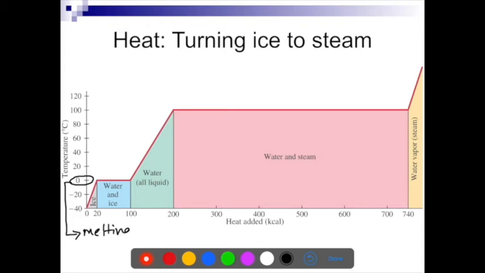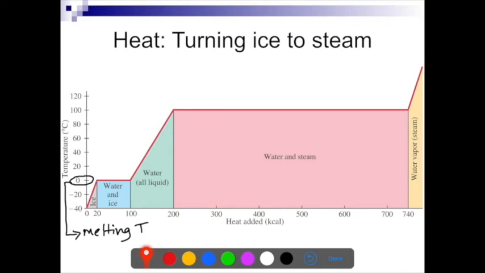So at 0 degrees Celsius, ice starts to melt. And notice that while ice is melting, you have water and still some ice that's being melted.